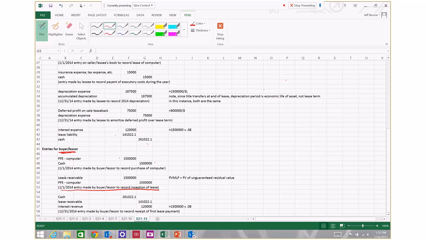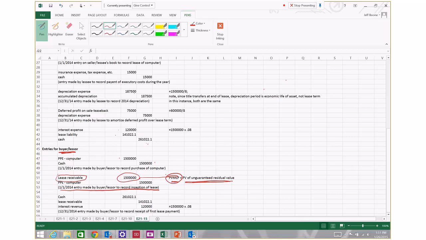So this is a direct financing lease, so they're going to debit the lease receivable account for the present value of the minimum lease payments plus the present value of any unguaranteed residual value. There is no unguaranteed residual value, so they're simply going to debit the lease receivable account for the present value of the minimum lease payments.